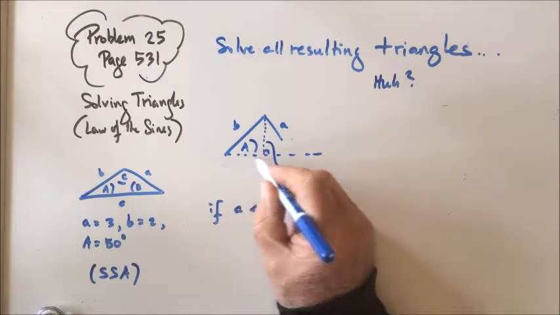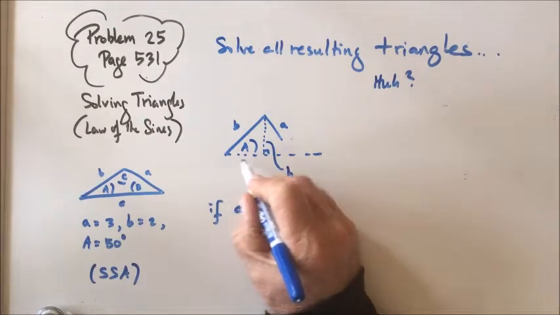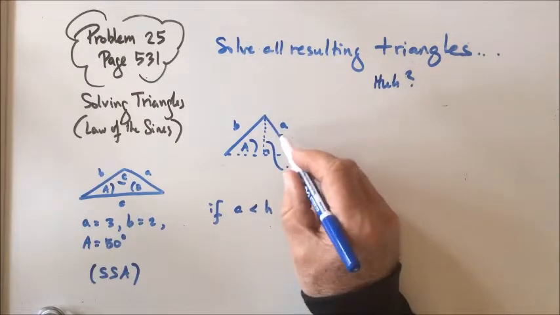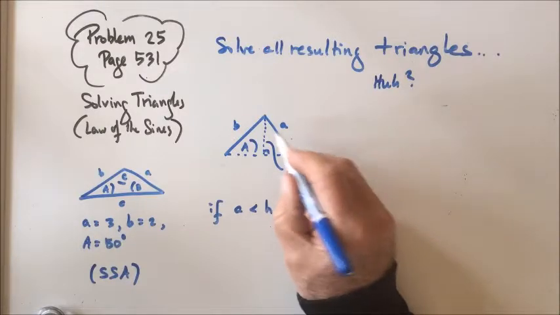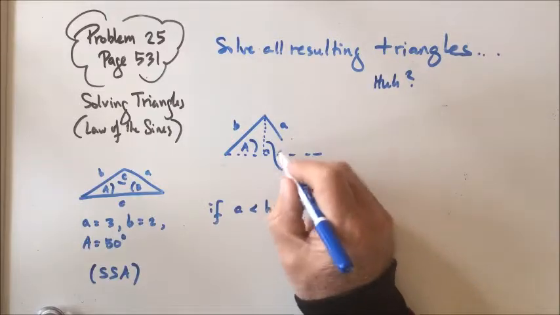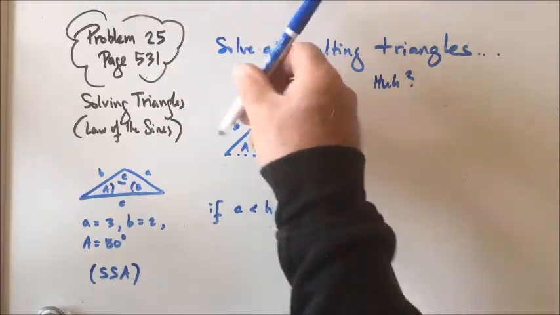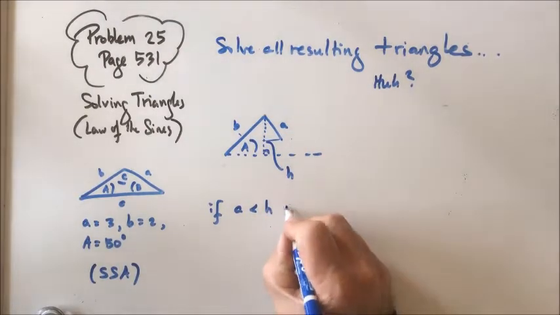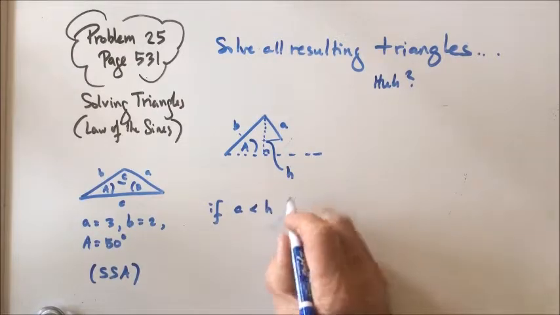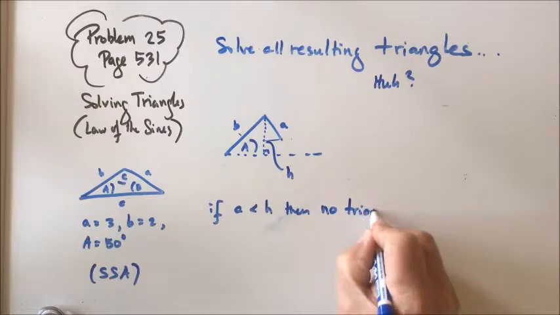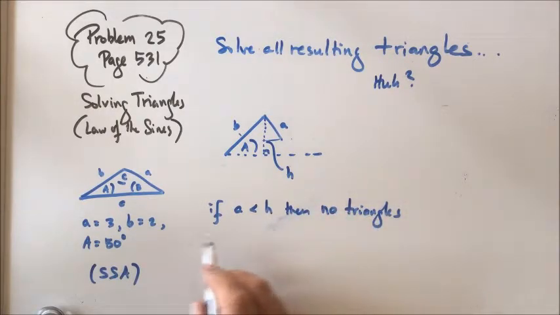This is angle C. So side c, not given, lies along this dotted line someplace, where side a and angle C fit to make an intersection. But if a is less than h, it can't reach. All it can do is swing on this arc. So there's no triangle. If a is less than h, then no triangles. And if you can establish a is less than h, you can move on and say, I'm done with this problem.